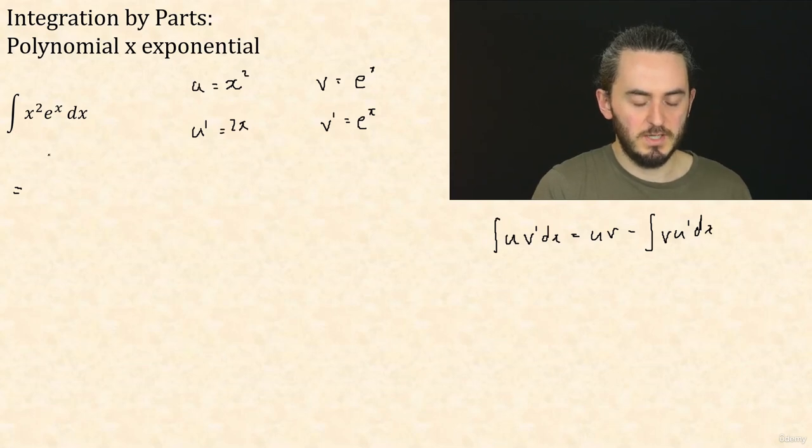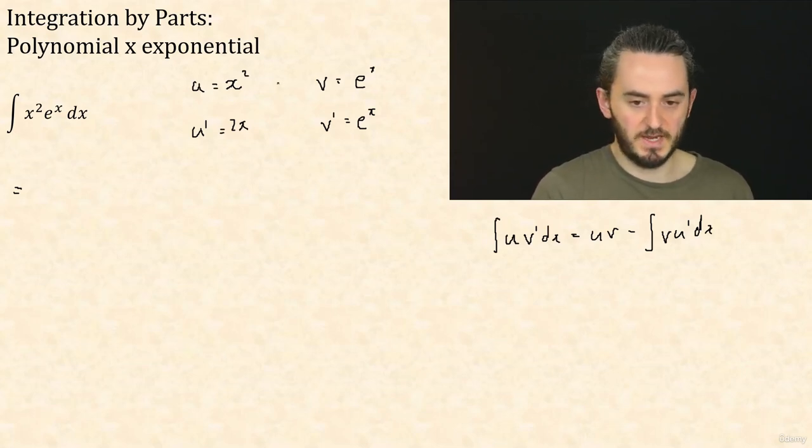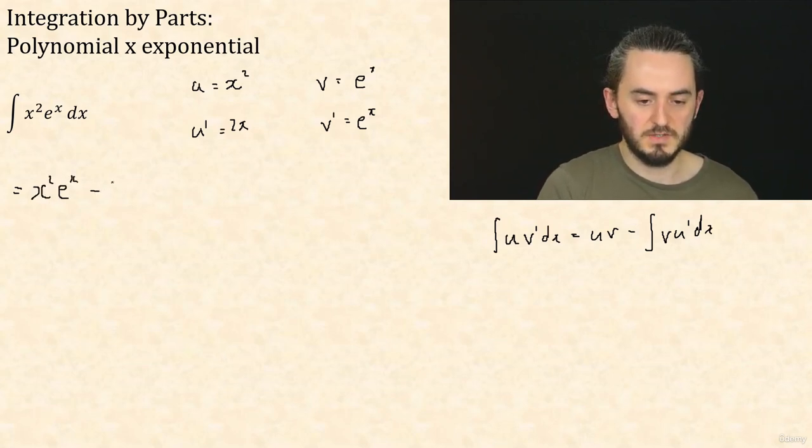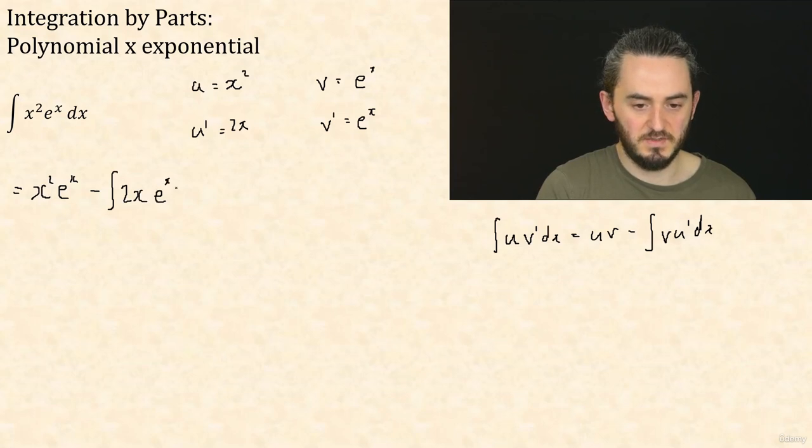So what have we got? Well, we have uv, which is x squared times e to the x, minus the integral of v u dash, which is 2x e to the x. Okay, so what now?